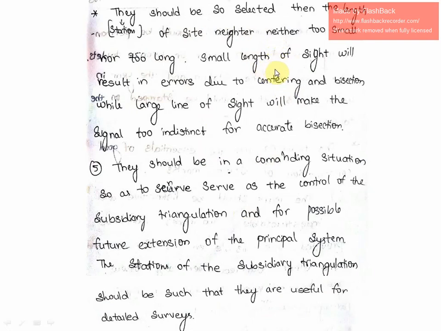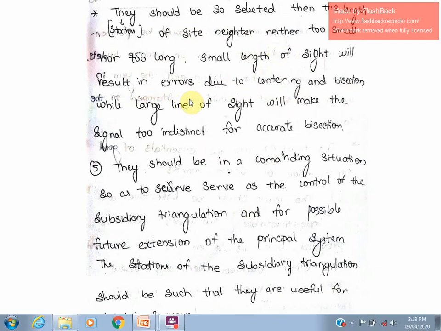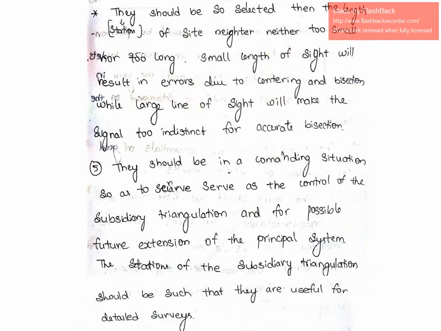Because if the side is too small, then errors due to centering and bisection may occur. And when the side is too large, what happens? The line of sight will make the signal too indistinct for accurate bisection.